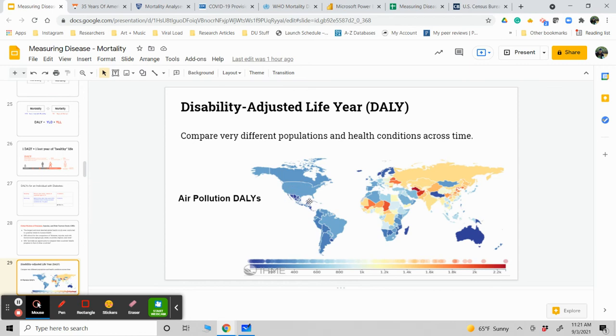The US is a little lower, but this gives us an idea of basically where air pollution is placing the most burden on society. So if we wanted to design an intervention, say we're working for the World Health Organization, and we wanted to try to reduce the disease burden from air pollution, this is a nice number for directing us to certain areas.